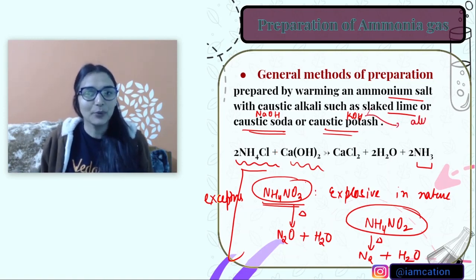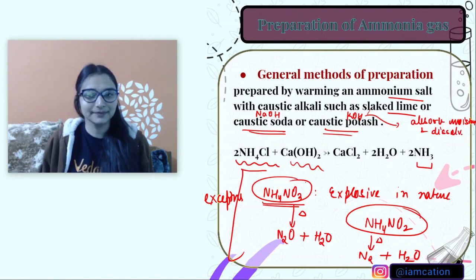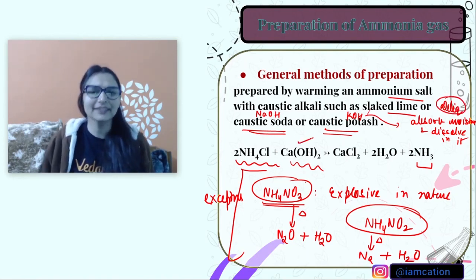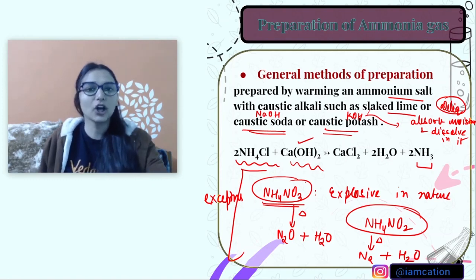They are deliquescent in nature. So just remember that we avoid them because they are deliquescent. You can go with calcium hydroxide; sometimes you can take them too, but not much favorable.